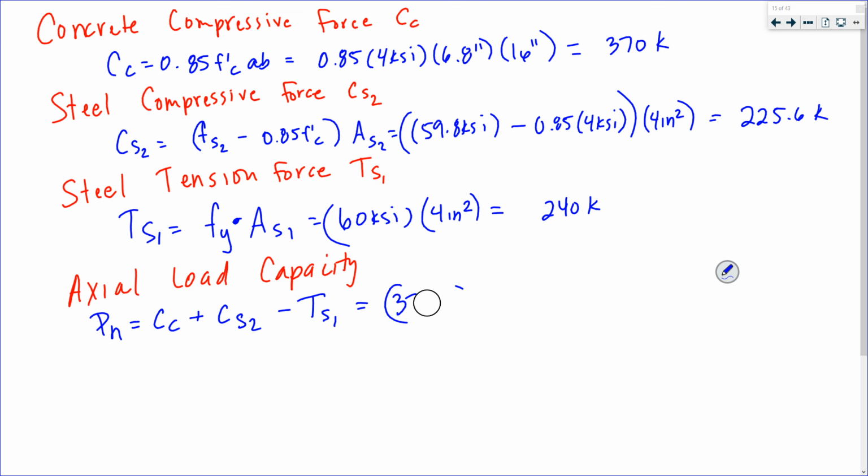Plus, minus 240 kips. I'm just going to round up to 356 kips.